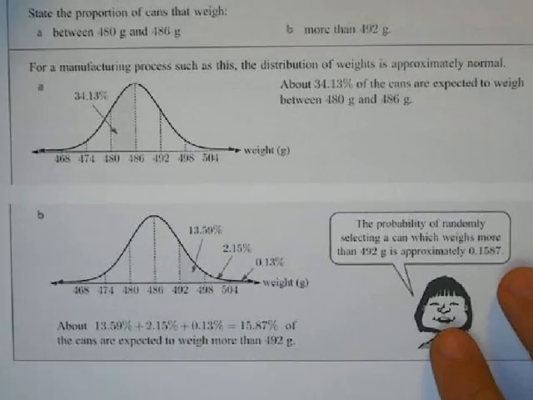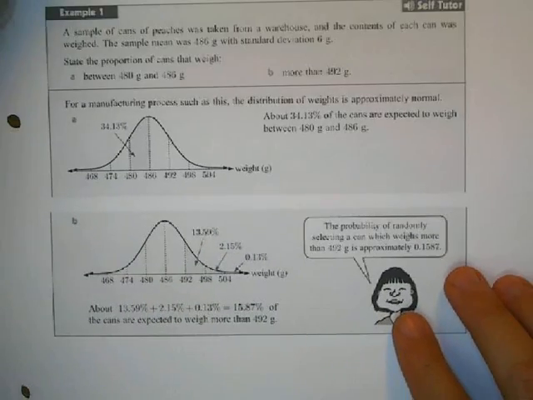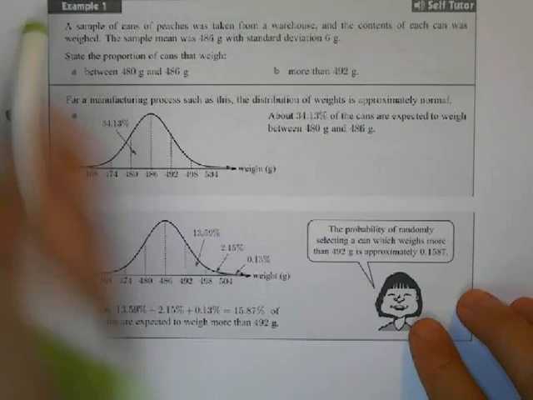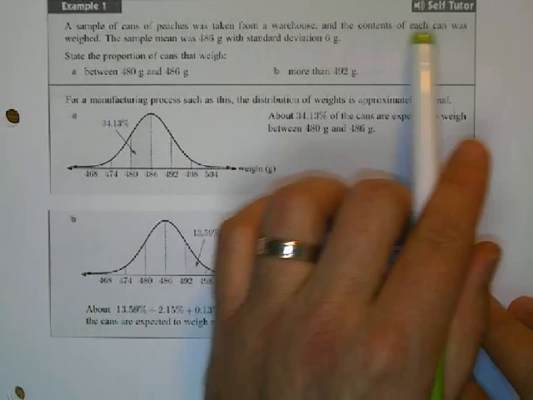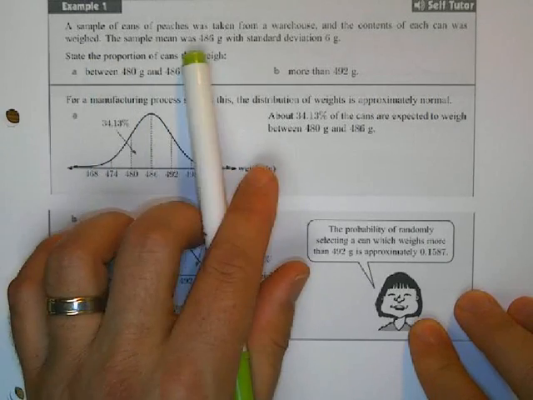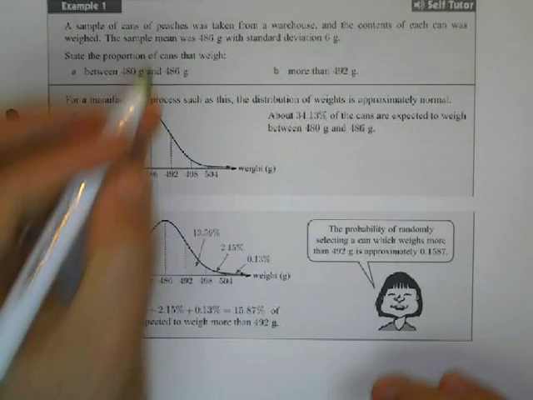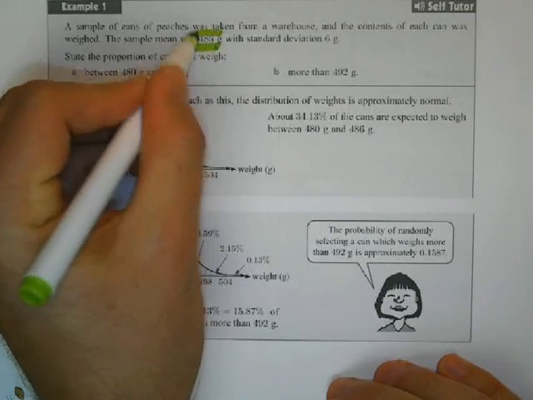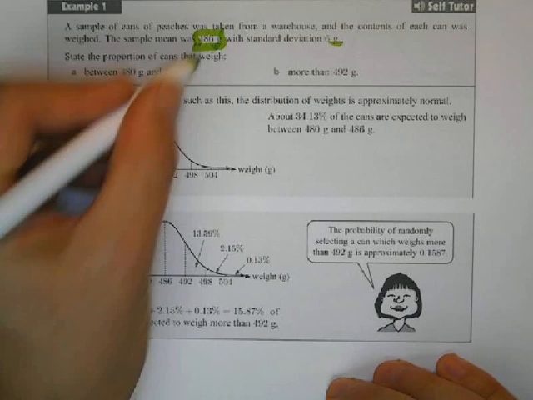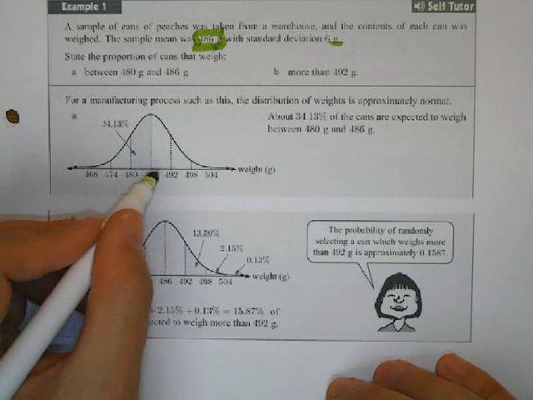Now let's do this one example together. Okay. A sample of cans of peaches was taken from the warehouse. The contents of each can was weighed. The mean of the cans was 486 grams with a standard deviation of 6. So if the mean was 486, that's what we write here.